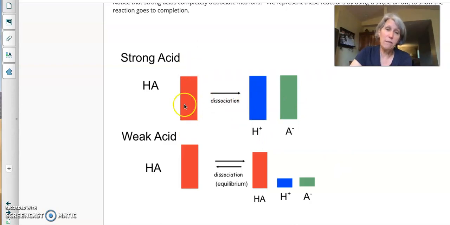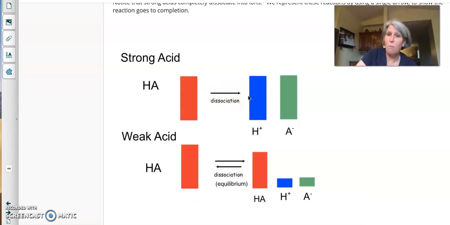So if we look at the strong acid and we're just labeling this HA, it completely dissociates. So if we were looking at this in a beaker, there would be no HA together. It would all be H plus and A minus. A weak acid only partially dissociates. Only a small amount of H plus and A minus would be found in this beaker. And notice this is important: there is a difference in the arrows.